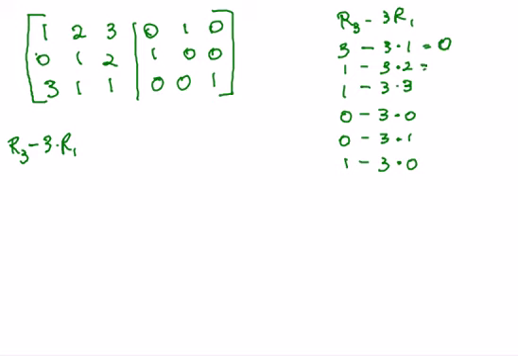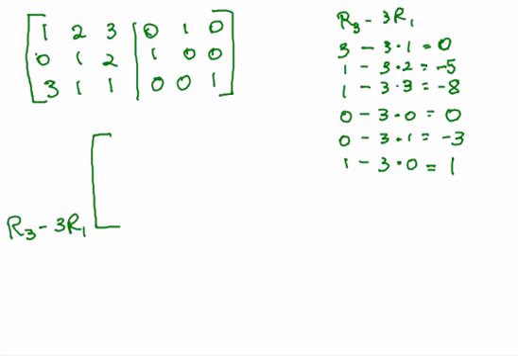Look at that. 3 times 2 is 6, and 1 minus 6 is negative 5. 3 times 3 is 9, 1 minus 9, negative 8. 3 times 0 is 0, and 0 minus 0 is 0. 3 times 1 is 3, 0 minus 3 is negative 3, and 3 times 0 is 0, 1 minus 0 is 1. So for our new row 3, we're going to write in 0, negative 5, negative 8, 0, negative 3, and 1.